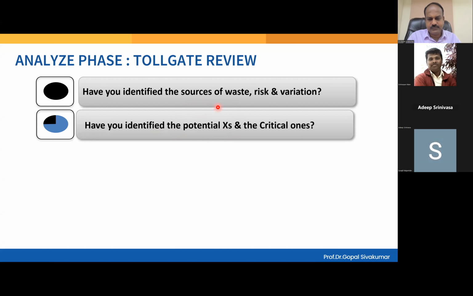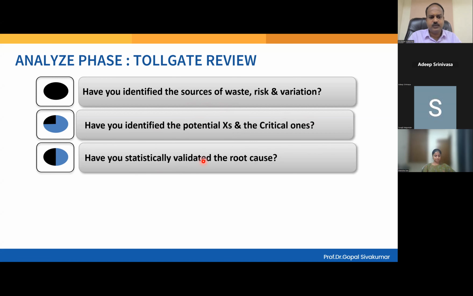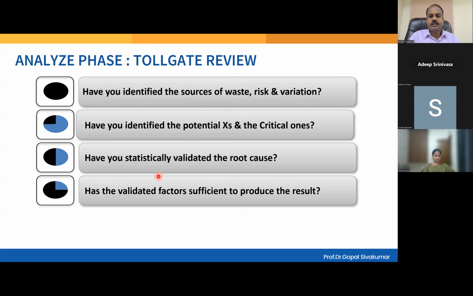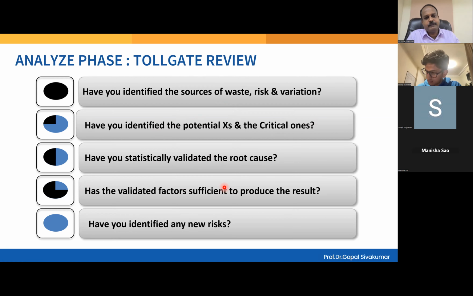We'll clearly understand the difference between potential factor and critical factor. Have you statistically validated the root cause? Is the validated factor sufficient? And finally, have you identified any new risk? All of you, do you understand the importance of each question? Do you think each question is important? Yes.